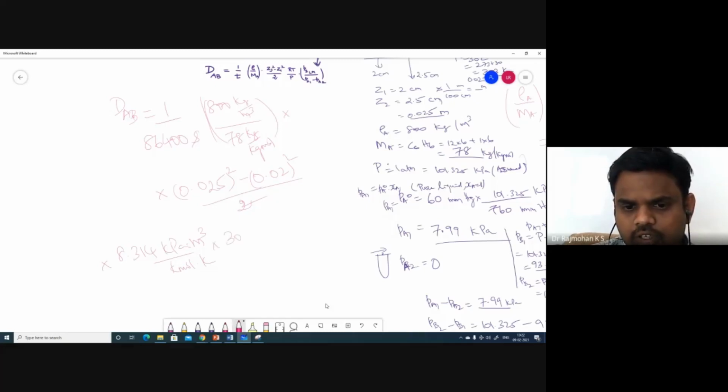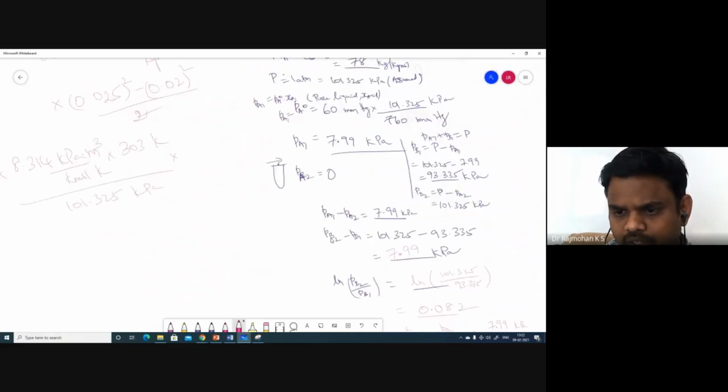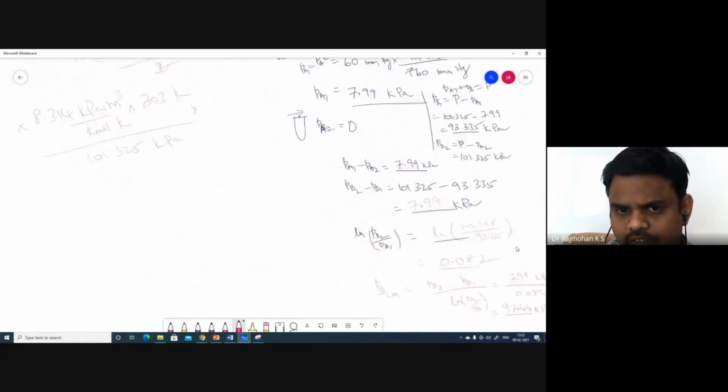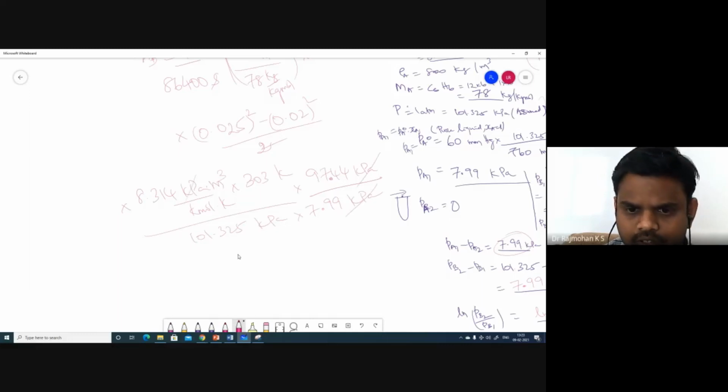T is 303 Kelvin divided by the total pressure 101.325 kilopascal into PB logarithmic mean we have determined, 97.44 kilopascal divided by PA1 minus PA2, which is 7.99 kilopascal.